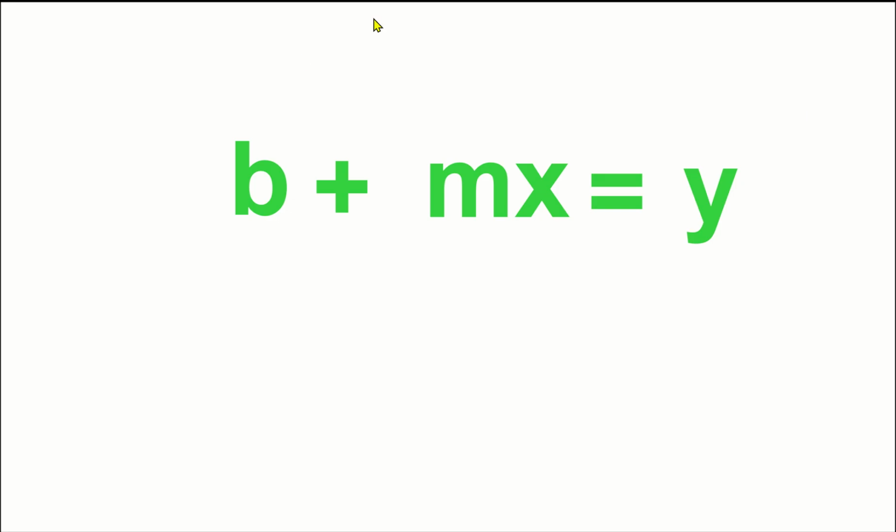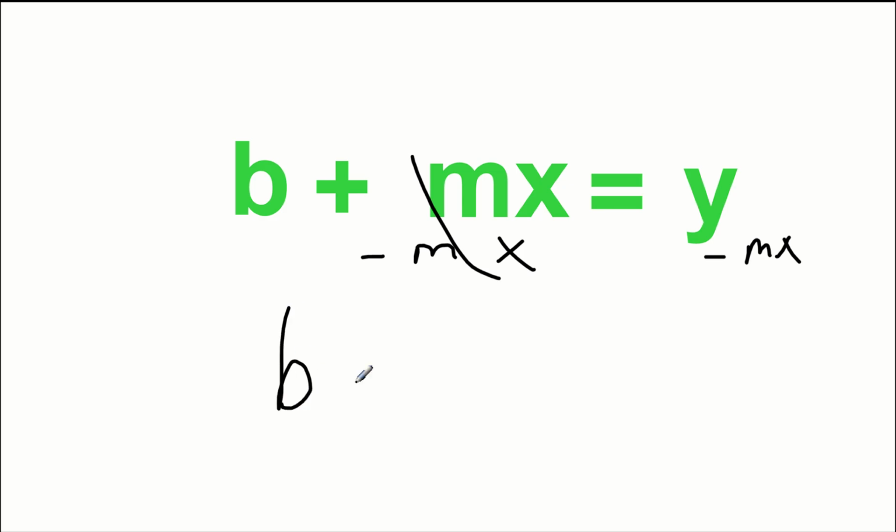To get it so it's b equals, and you'll have to do this next year in Math 1, but for right now, I need to move the mx to the other side. When I move something to the other side of an equation, I do the opposite. So I would subtract, it cancels out the mx's. If I do it to one side, same thing to the other side.